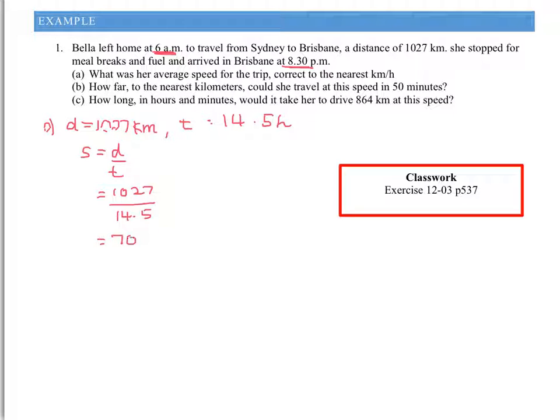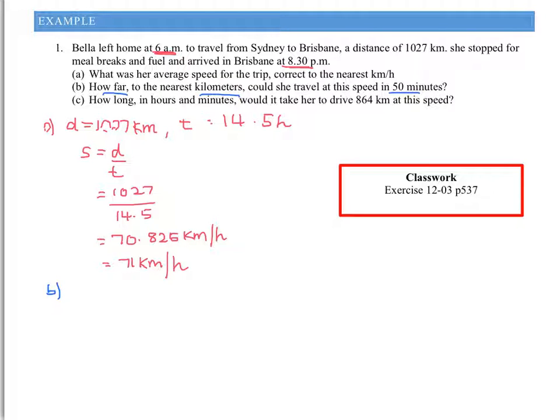We get 70.825 kilometres per hour. And we want it to the nearest kilometre, so that must be 71 kilometres per hour. Nice and easy.